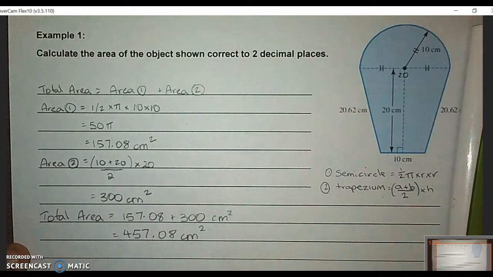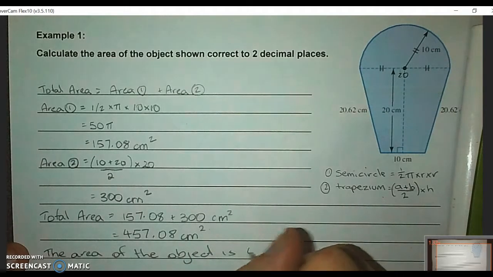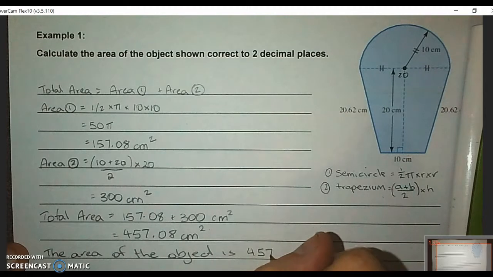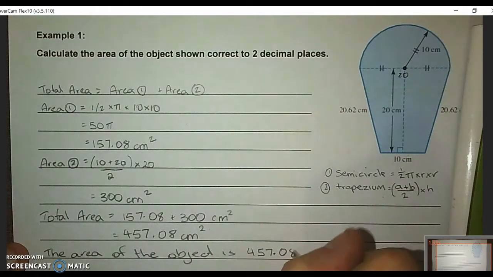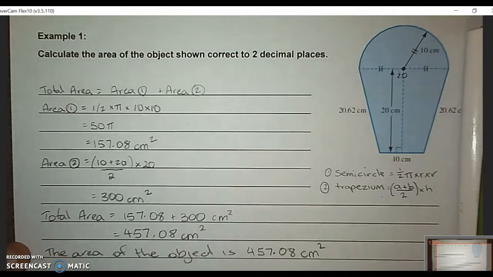And then we need to put in our final statement. The area of the object is 457.08 centimeters squared. And that's how we work out the area of that shape.